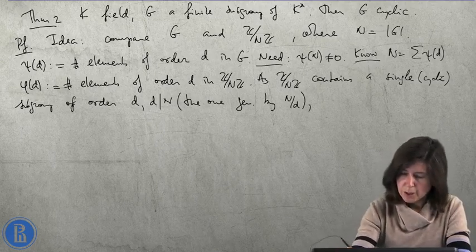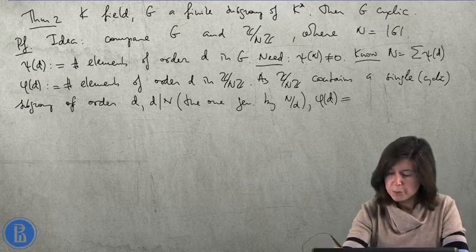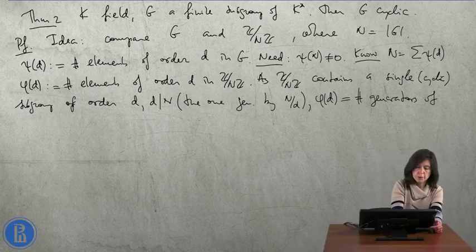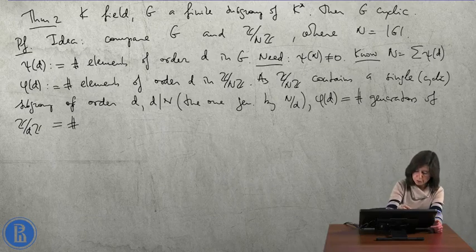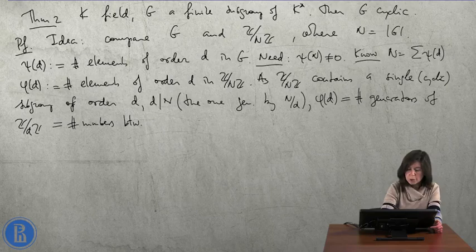This phi of d is also equal to the number of generators of Z over dZ. And this is well known to be the number of numbers between 1 and d minus 1 which are prime to d.